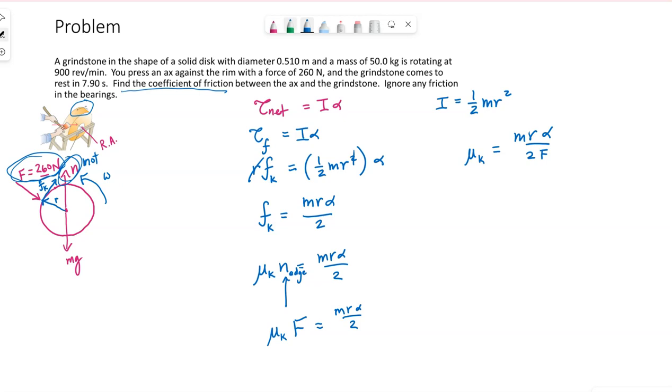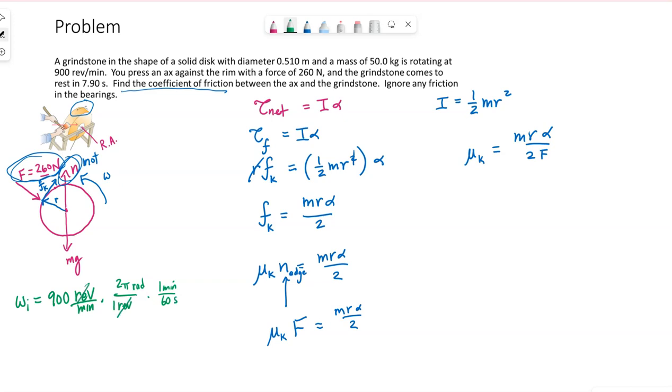So coming back to the problem, it tells us this grindstone is rotating at 900 revolutions per minute. So that's an initial angular velocity or speed. We can convert that. We know 1 revolution is 2 pi radians. 1 minute is 60 seconds.